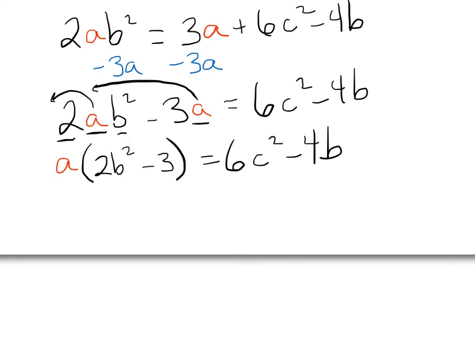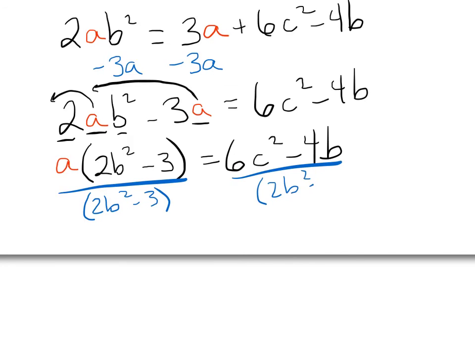Alright, last step to get a by itself. Since a is being multiplied by this whole thing here, we need to do the opposite and divide by that whole thing. Alright, and when you do that, you're going to get a by itself because these are going to cancel out.